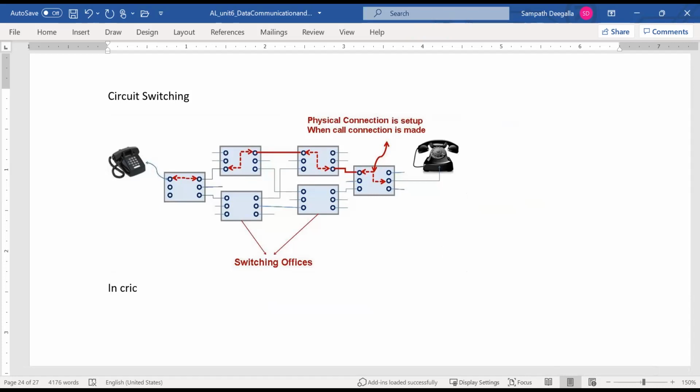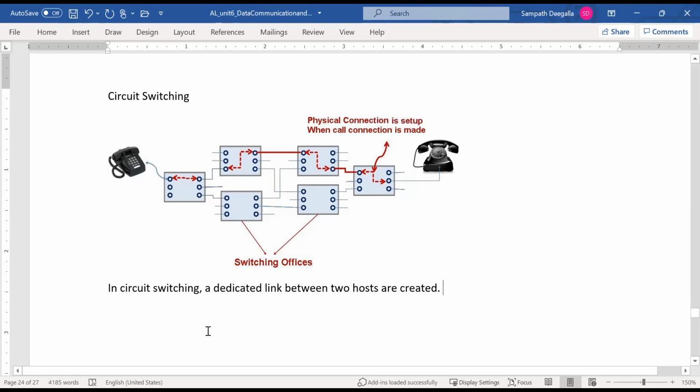In circuit switching, instead of the previous one, you have a dedicated link, a physical link you can see.